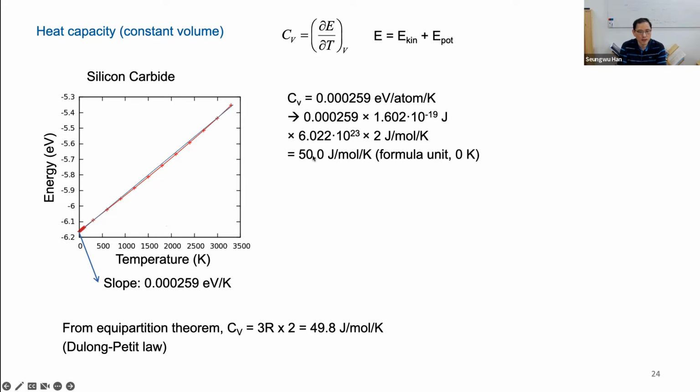All right. And in fact, this is nothing but the Dulong-Petit law, which states that from the equipartition theorem, any classical system has the heat capacity per atom of 3R. Okay, 3R times the number of atoms, 2, and so this is 50, almost the same number.